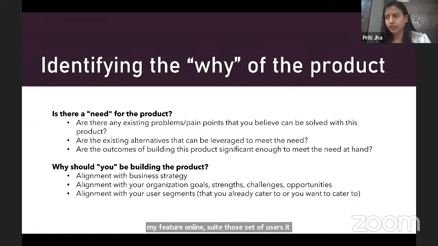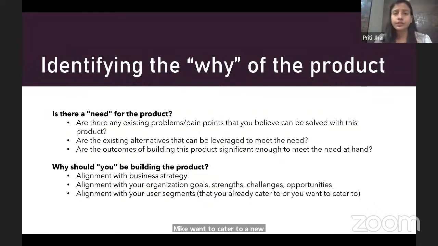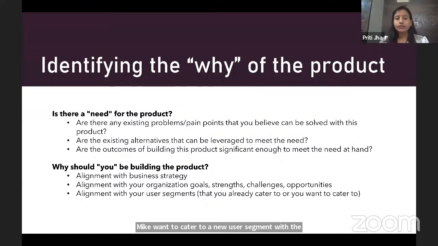I might be ambitious and might want to cater to a new user segment with the product and features that I'm building. And therefore, I wanted to focus on this aspect as well: what are the user segments that I cater to or want to cater to? Only if the product or the feature aligns with those user segments am I going to be building the product or the feature.